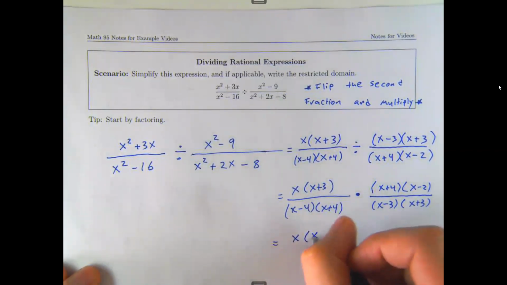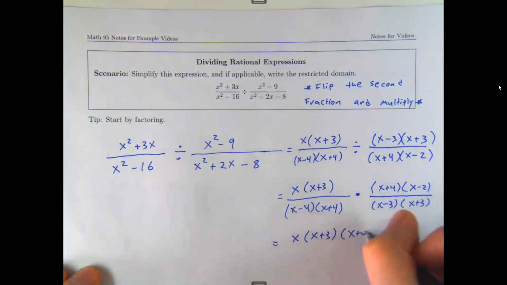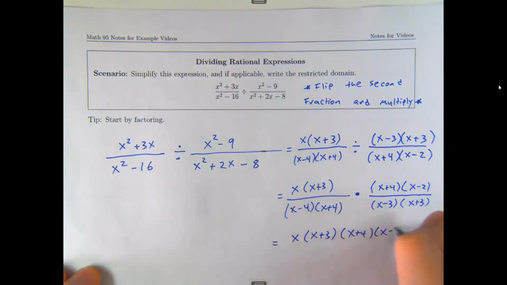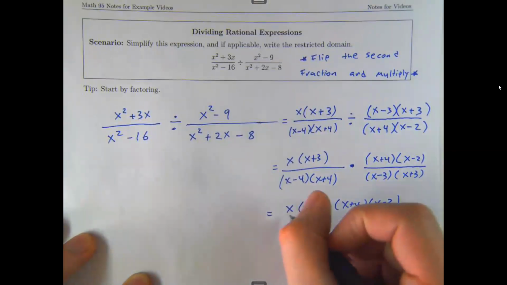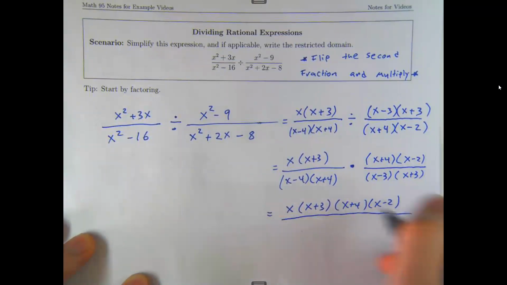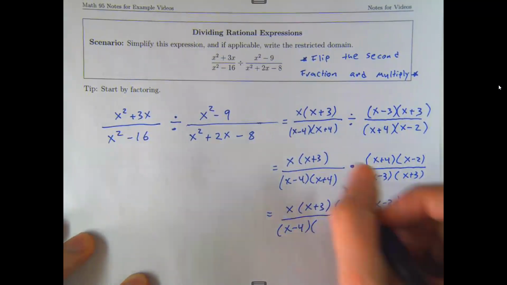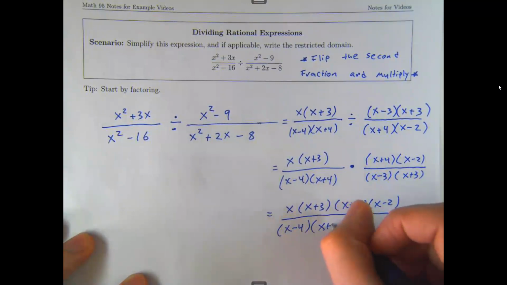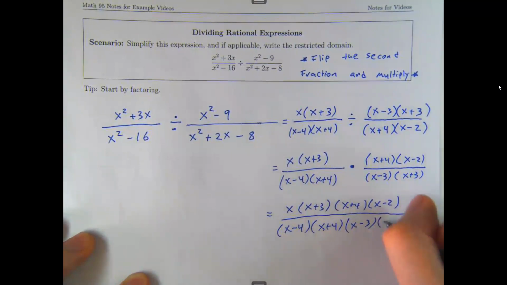So I've got x, x plus 3, x plus 4, and x minus 2, all there on the top. And in the denominator, I have x minus 4, I have x plus 4, I have x minus 3, and finally, I've got x plus 3.